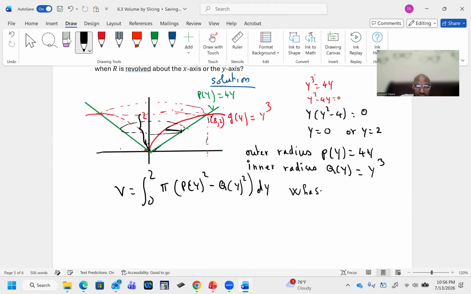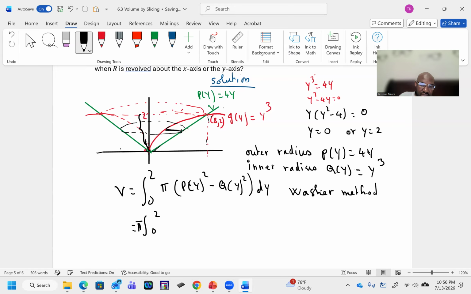Sorry, I'm writing something down now. Washer method, right? And I believe you know how to integrate this one. So my V would be equal to the integral from 0 to 2. I can take pi out, right?